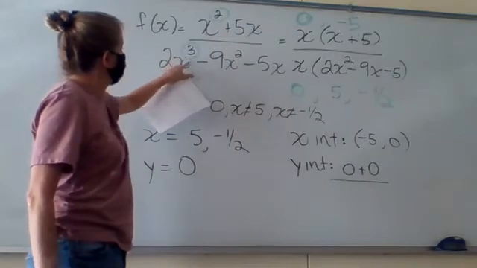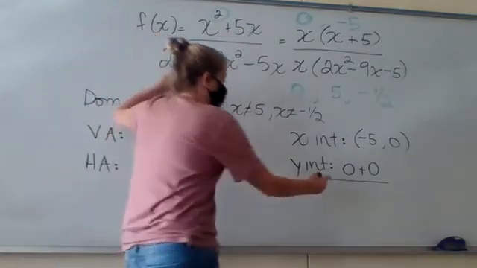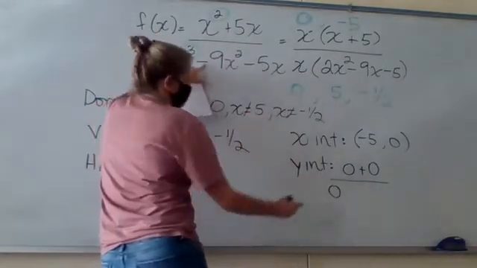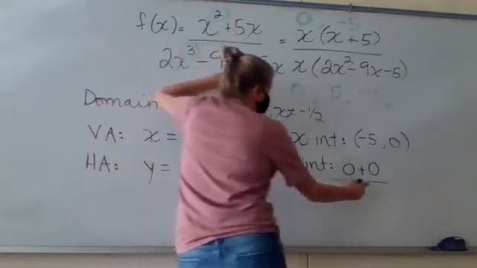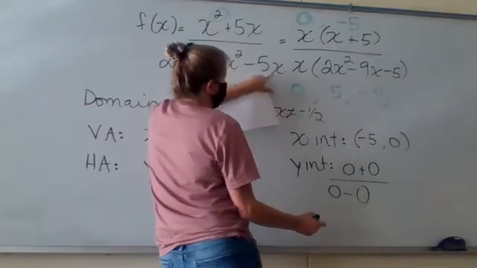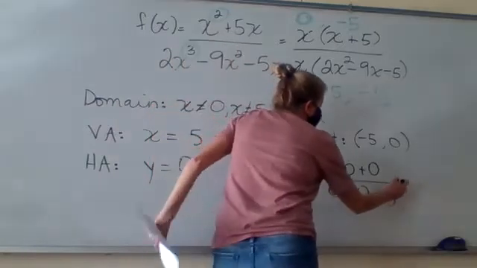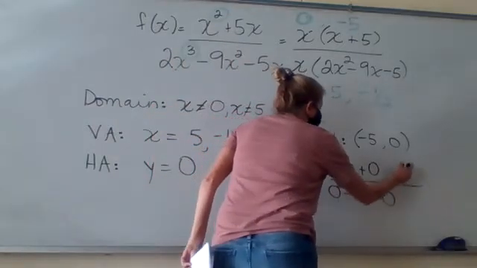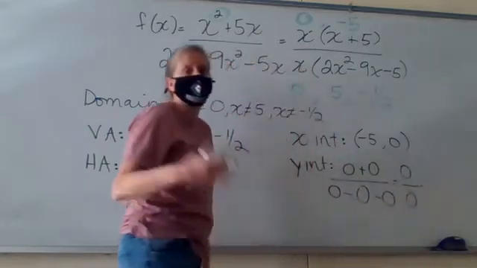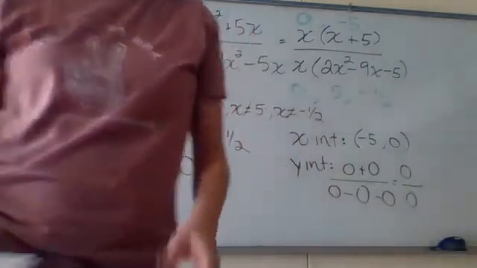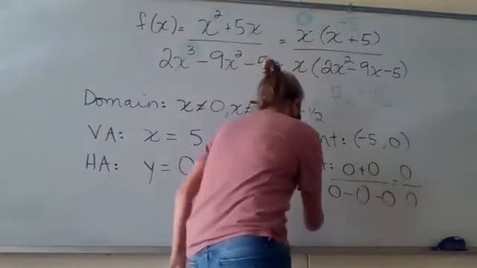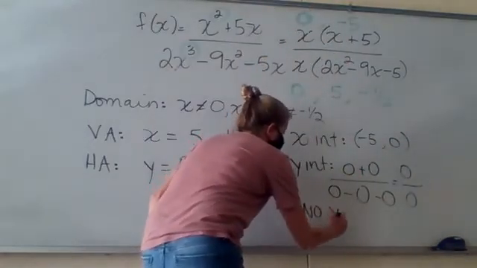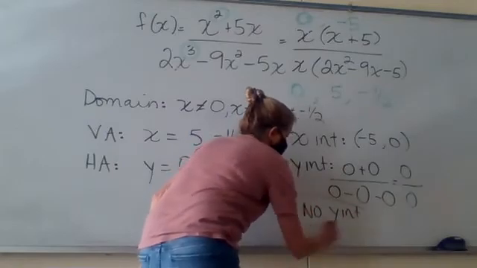X cubed, 0 cubed times 2 is still 0, minus 9 times 0 squared is still 0, minus 5 times 0 is still 0. So what happened is you knocked everything out, right? If you knock everything out and you have a 0 in your denominator, that is telling you there is no y-intercept.